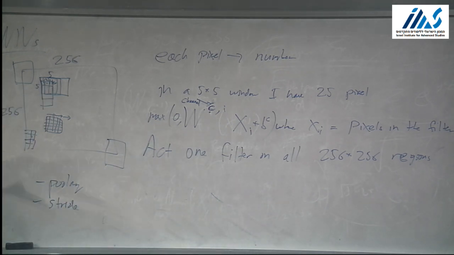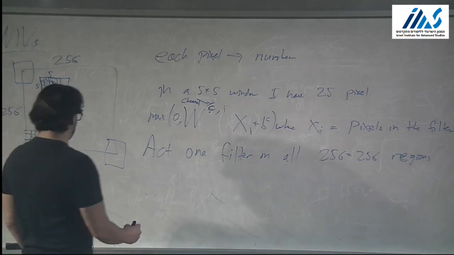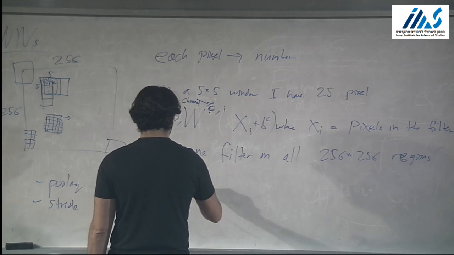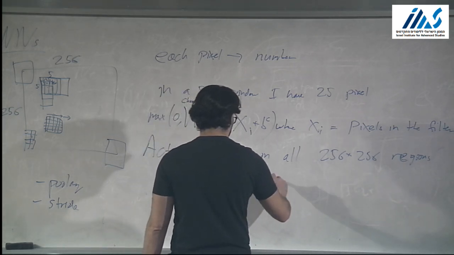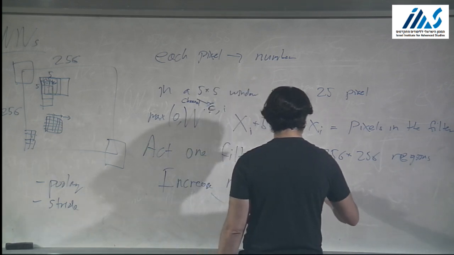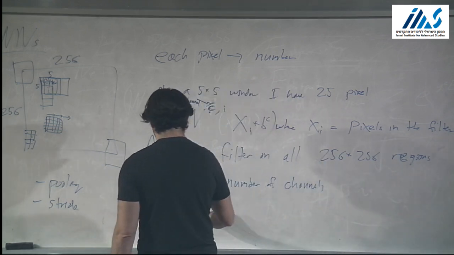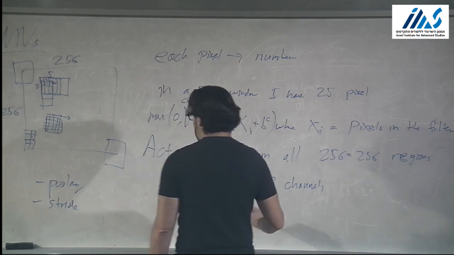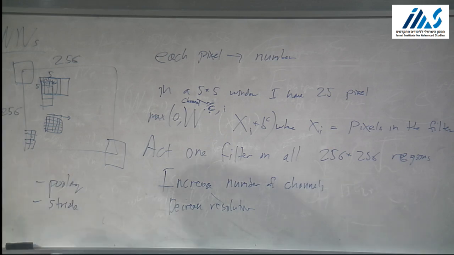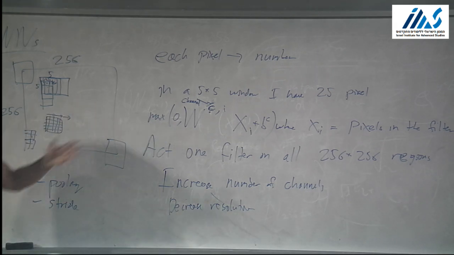I can have a stride of length 2 where I move these filters faster. And the strategy will be to increase the number of channels and decrease resolution until I do this many, many times and I shrink from, say, 256 by 256 through many layers to, say, 8 by 8, but with a lot of channels, in other words, with more and more of these filters.